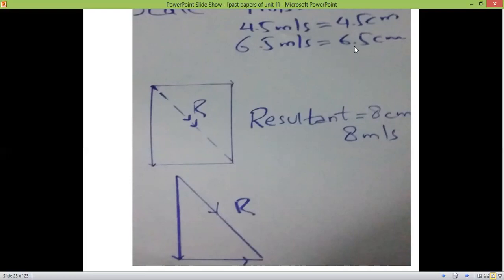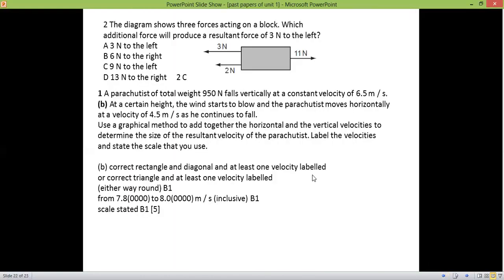So the scale chosen is shown. 1 meter per second is equal to 1 centimeter, 4.5 meter per second will be 4.5 centimeter, 6.5 meter per second will be equivalent to 6.5 centimeter. So according to the given question, one is the force, one is the velocity acting vertically downward, and that is 950 force, and it is moving with velocity 6.5.